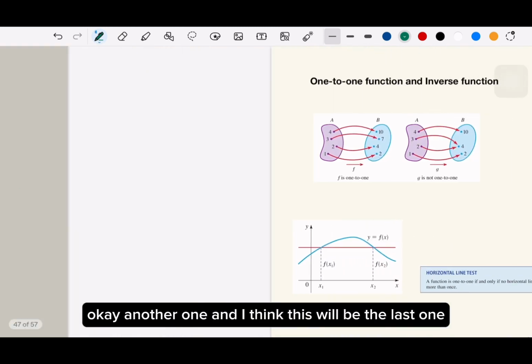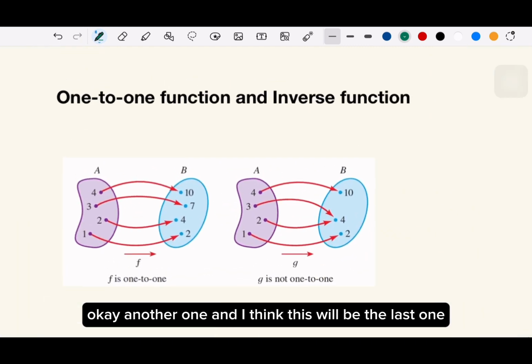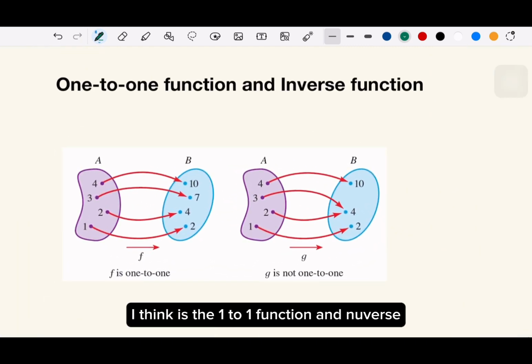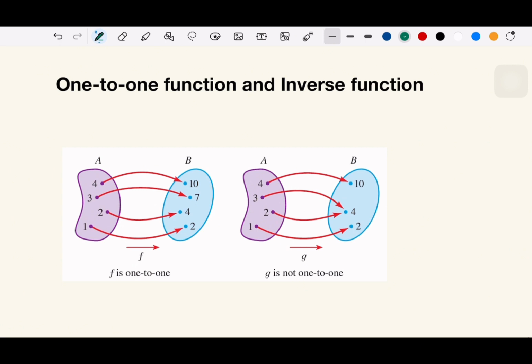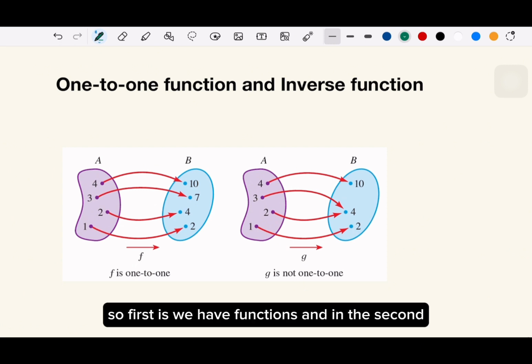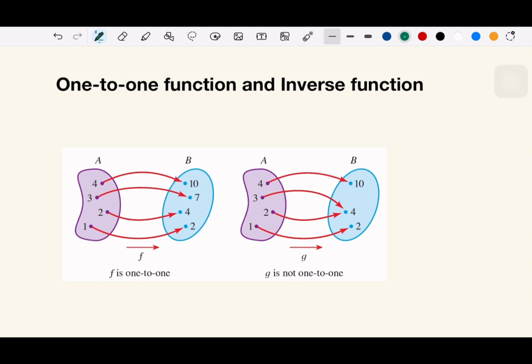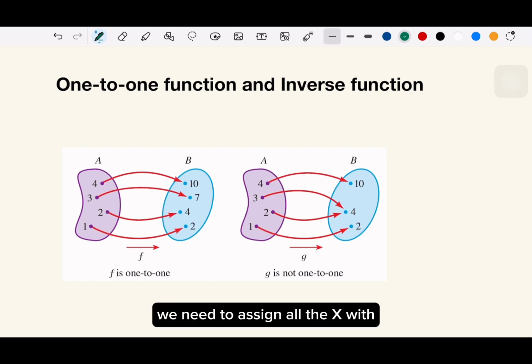Another one, and I think this will be the last one, is the one-to-one function and inverse. First we have functions, and second we have a condition we call one-to-one functions. For one-to-one functions, we need to assign all the x with all the y exactly 1 by 1.